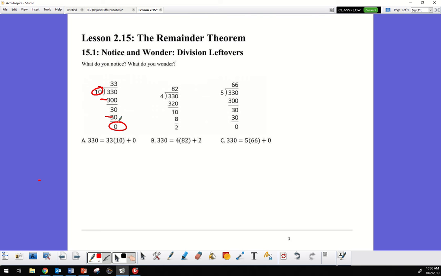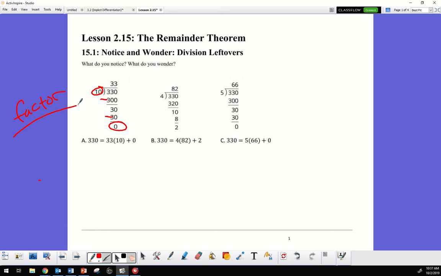Not that F word. What do we call it if there's 0 remainder? I said it a whole bunch of times. Function, factor, I don't know. Which is it? Factor. They are factors.